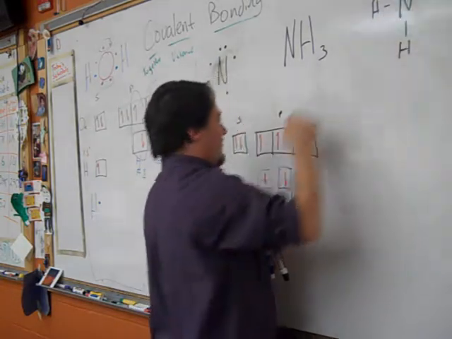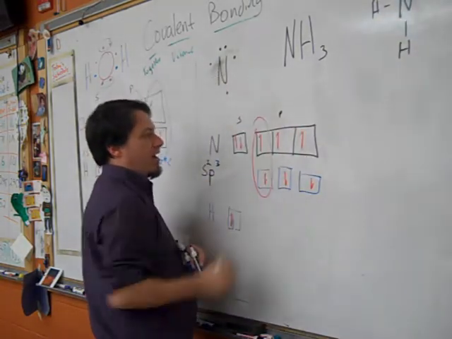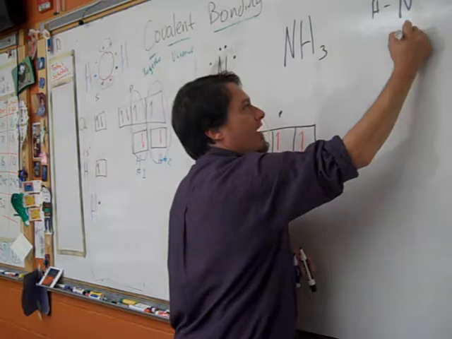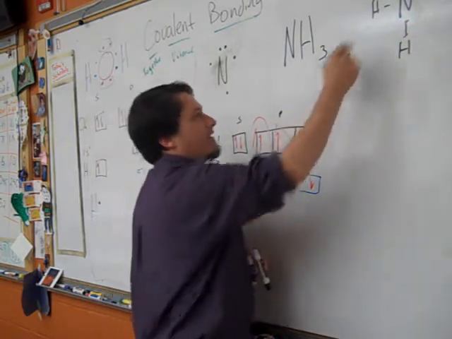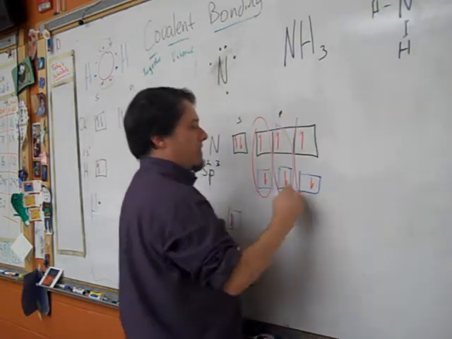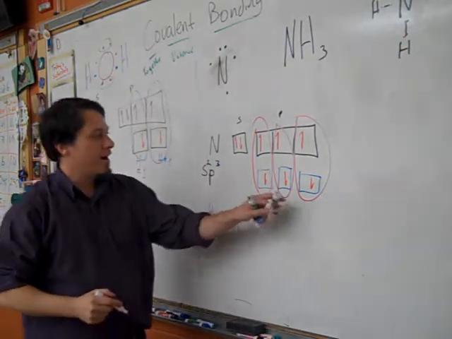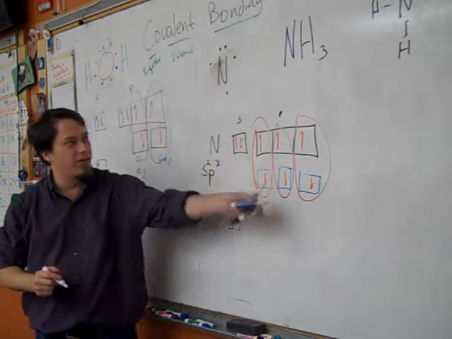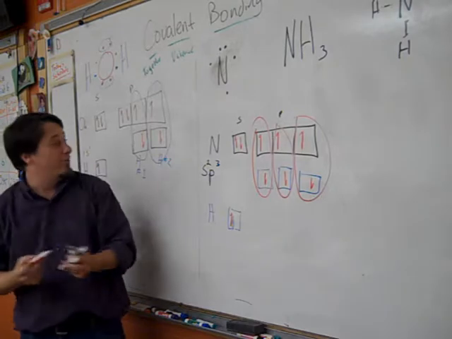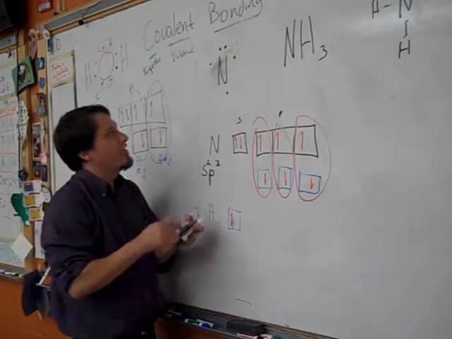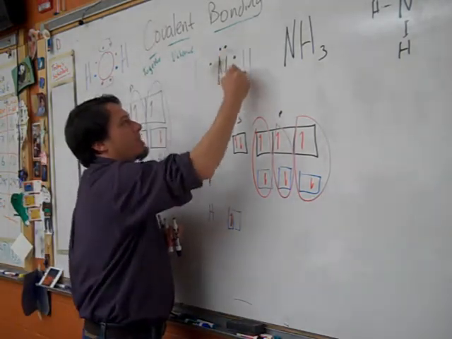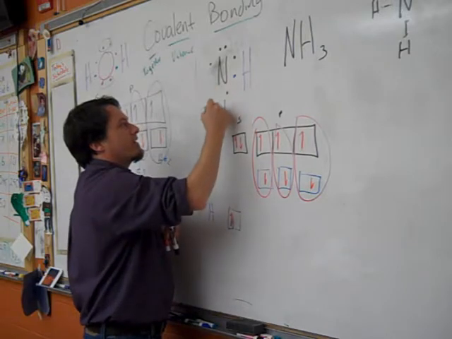So this line would represent this bond, this line would represent this bond, and this line this bond. And so that's your three hydrogens, each of which is sharing 1 electron. I'll also show you the Lewis dot diagram, which looks like this.